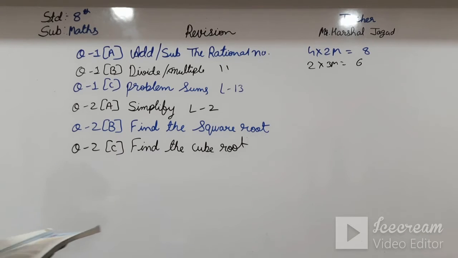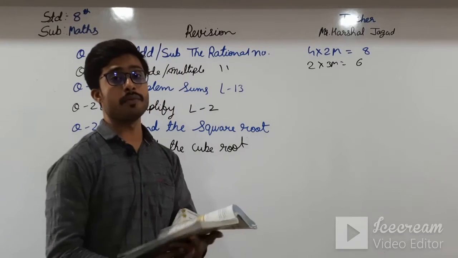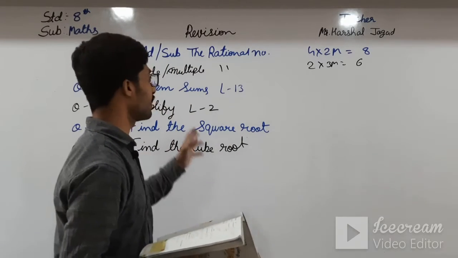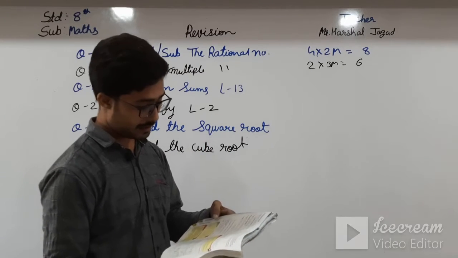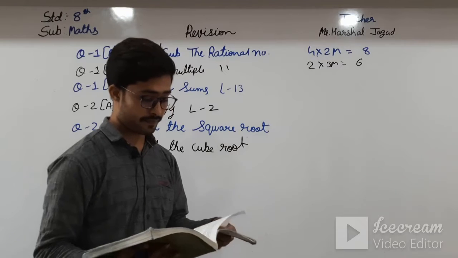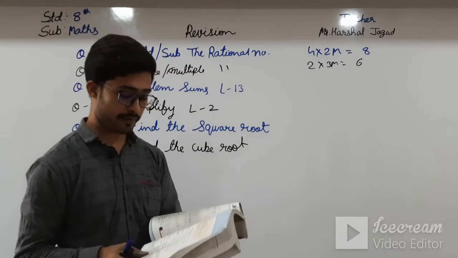From chapter number 2, exponents, simplify. In this you will be asked simplification. You can see here in the examples, exponents and exponent notation of rational numbers.